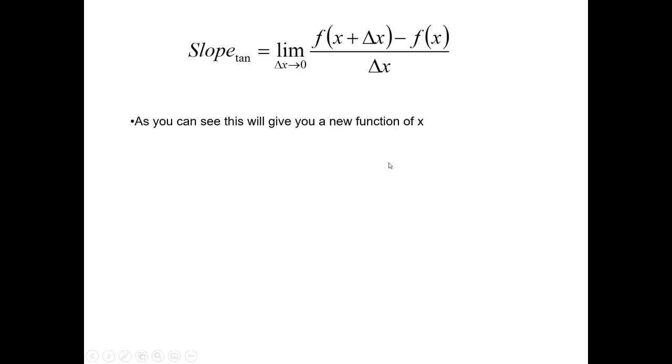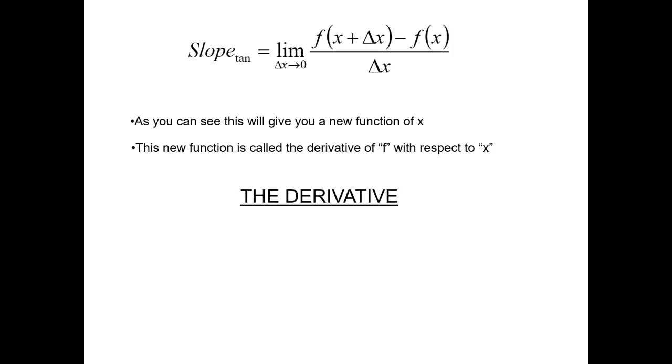And as you see, once we take the limit as delta x goes to 0, we'll still end up with x's in our limit here, which means we're going to end up with a new function of x. This new function is called the derivative of f with respect to x.